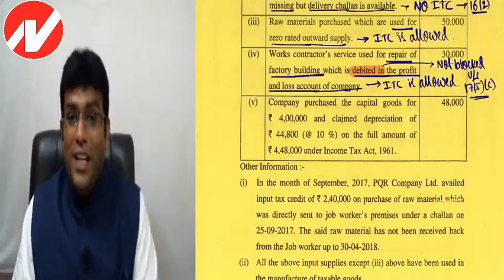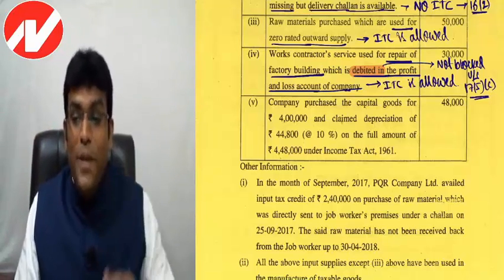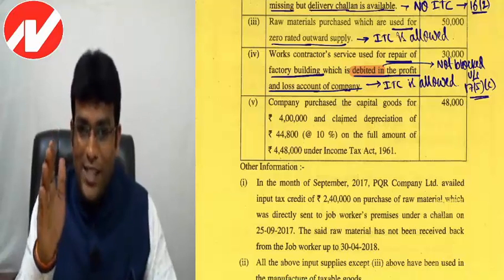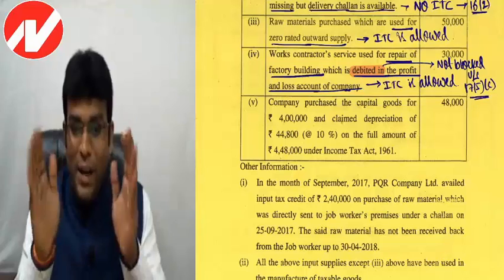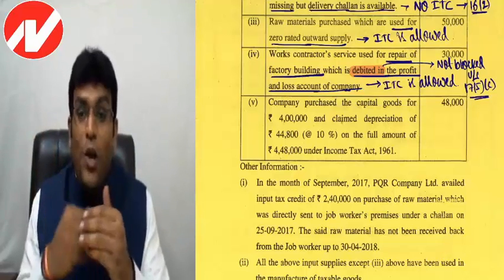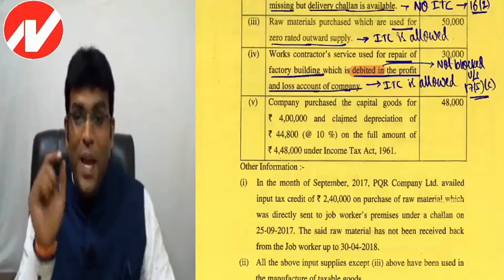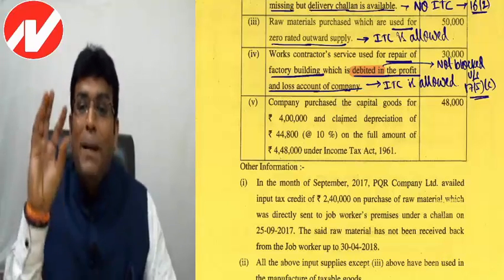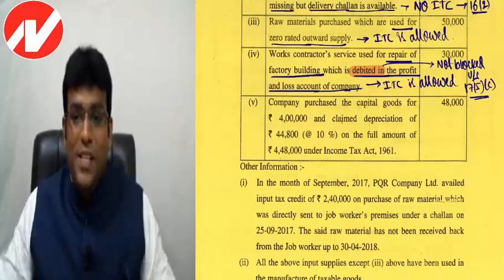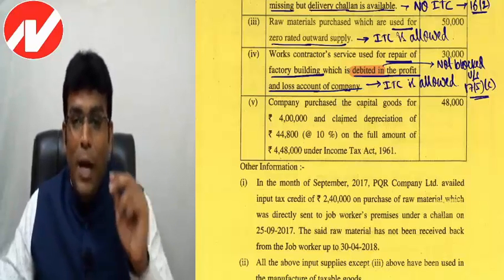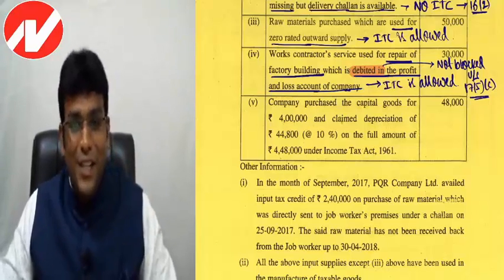Because law told very clearly, credit is not allowed only for works contract service for construction of immovable property. And construction means any repairs, renovation, alteration or reconstruction to the extent of capitalization to the said immovable property. Clear, friends?